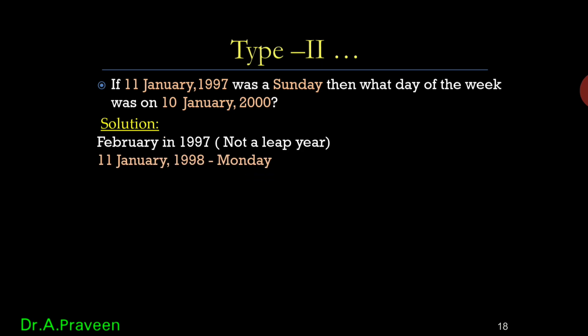So this is the first process. We move from 11th January 1997 to 11th January 1998, in which we cross the month of February in 1997, which is not a leap year. So it is simply one day after Sunday, that is Monday.